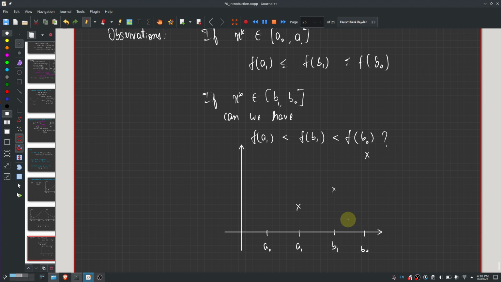The f of A1 can be less than f of B0. F of B1 can be less than f of B0. But all three count. No, I want it in this particular order. So f of A1 is the least, f of B1 is more than f of A1, and f of B0 is strictly more than f of B1.